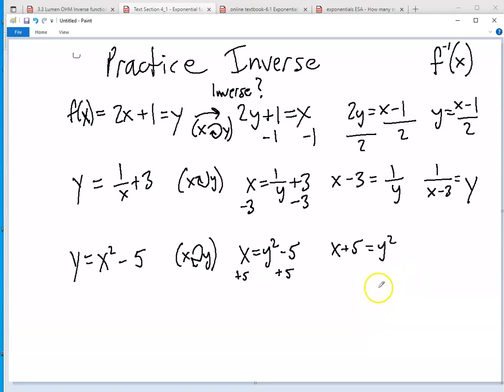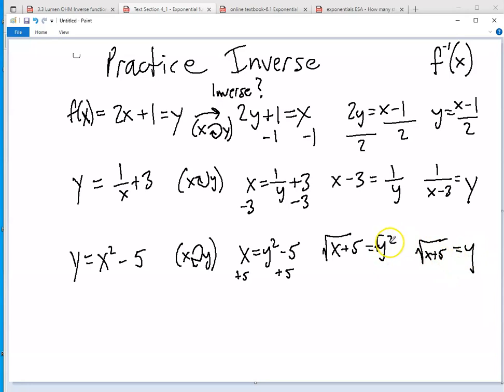Gotta take the square root of both sides. If you have an equality, you can square root both sides. And the reason I did a square root is because I have a 2 there. Square root of y squared is y. So I get square root of x plus 5 equals y.